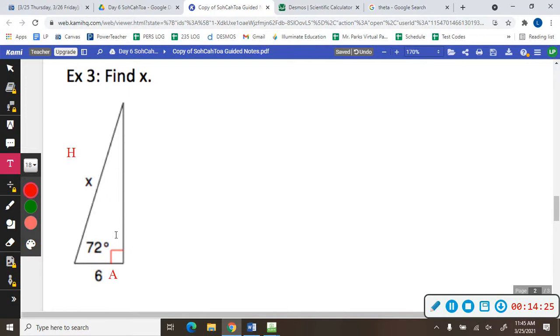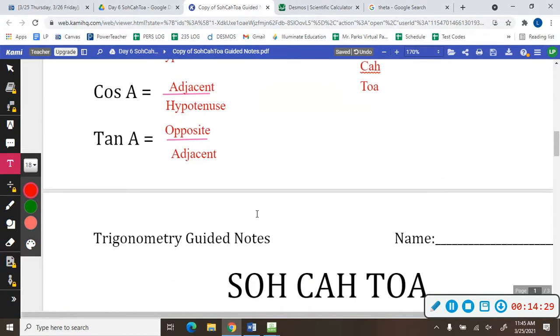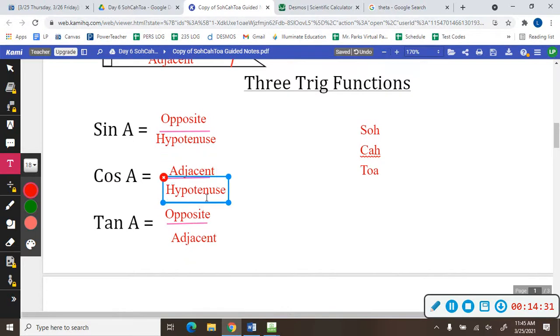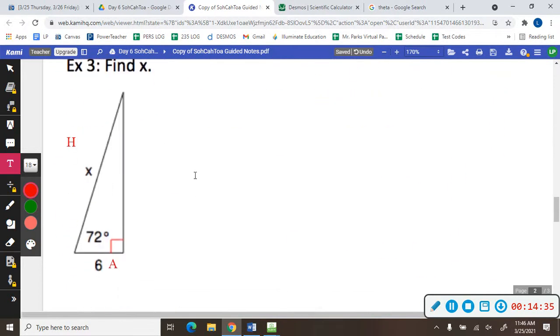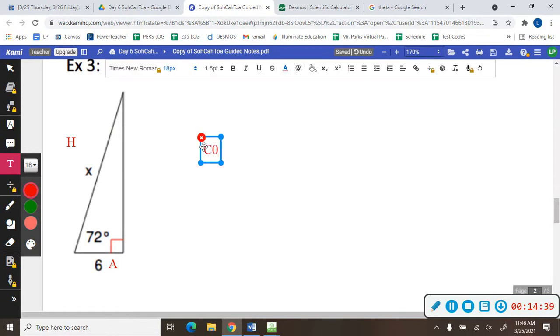So I need to find the trig ratio that uses A and H. So I go up to the top. A and H is cosine, the cosine function. So I say the cosine of 72 is equal to A over H.